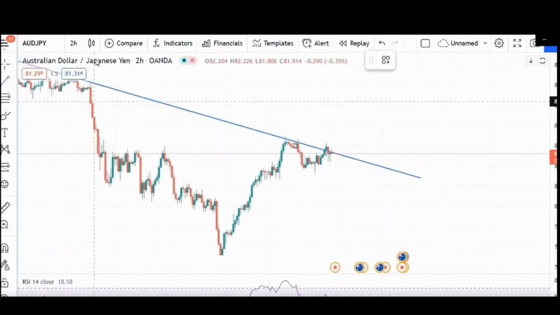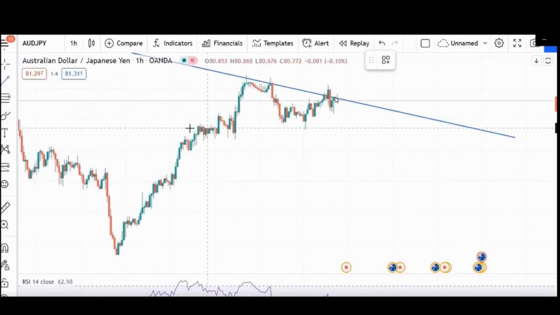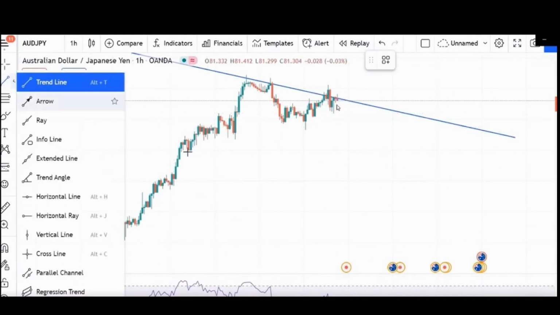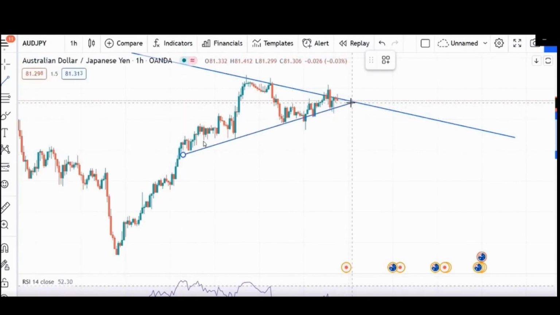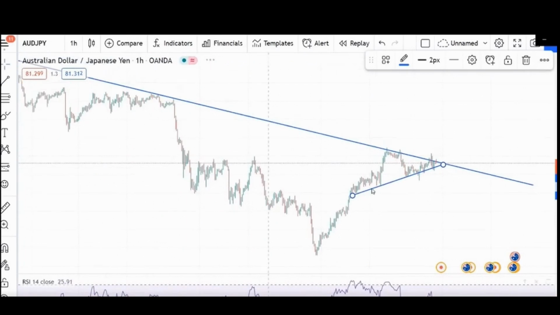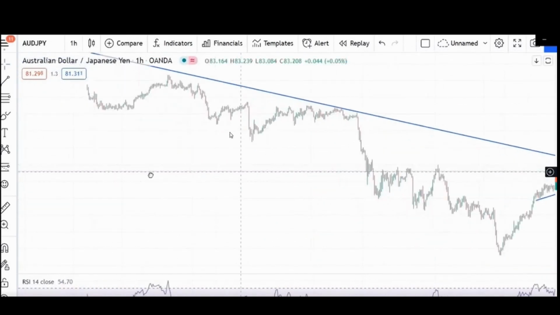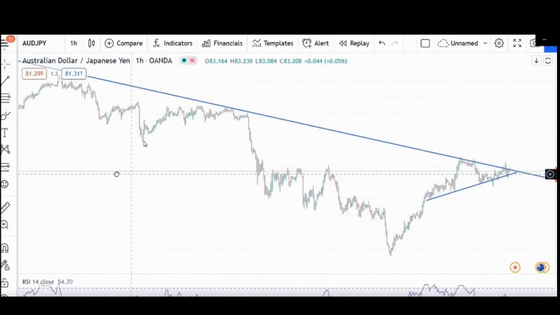Here the RSI is going lower, and on the 1 hour chart we are again trading alongside this trend line. Here is this smaller trend line to the upside that we had also seen previously.